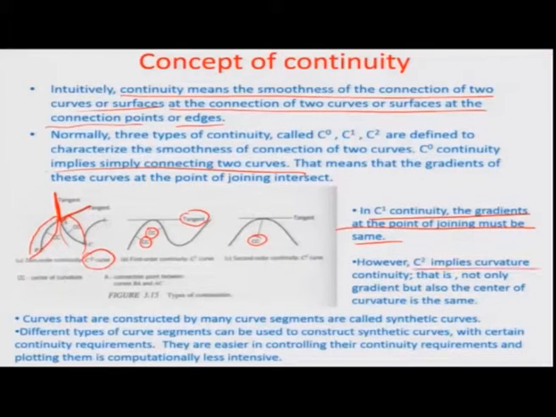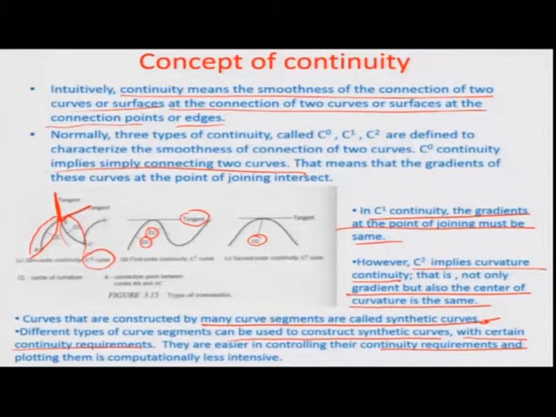C2 implies curvature continuity, that is, not only the gradient but also the center of curvature is the same. Curves that are constructed by many curve segments are called synthetic curves. Different types of curve segments can be used to construct synthetic curves with certain continuity requirements. They are easier in controlling their continuity requirements, and plotting them is computationally less intensive.